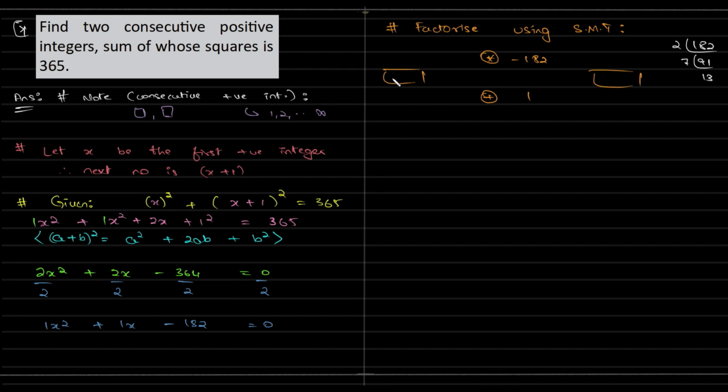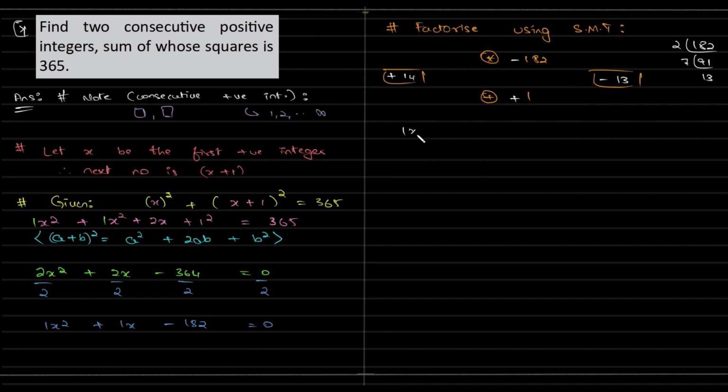Here we are looking at a positive answer when added and a negative answer when multiplied. So one has to be positive, another has to be negative. The bigger number has to be positive because when added it should be equal to a positive number, and the smaller number will be negative. Plus into minus is minus, and bigger number minus the smaller number takes the bigger number's sign. So it's very clear, it is 14 and 13. That's how we can factorize.